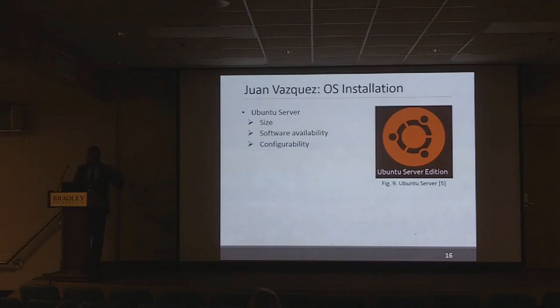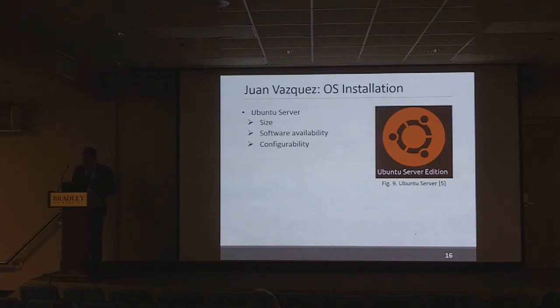So I wanted something that wasn't that large, because obviously we had to create programs as well. And software availability: I wanted something with a larger community base, just in case I ran into any issues. And configurability was also a big concern, because I wanted to be able to install the operating system with ease and have it be simple to use.